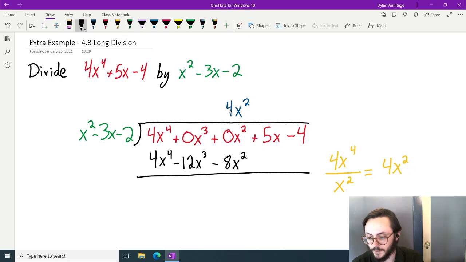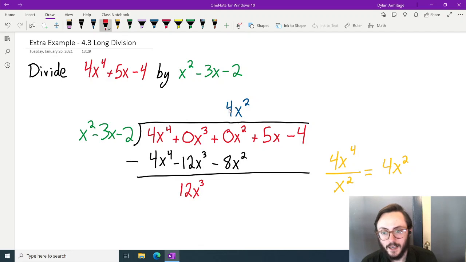Now, just like in long division, we subtract these. 4x to the fourth minus 4x to the fourth is 0, so we don't need to write it anymore. 0x to the third minus a negative 12x to the third is positive 12x to the third. 0x to the second minus a negative 8x to the second is positive 8x to the second.